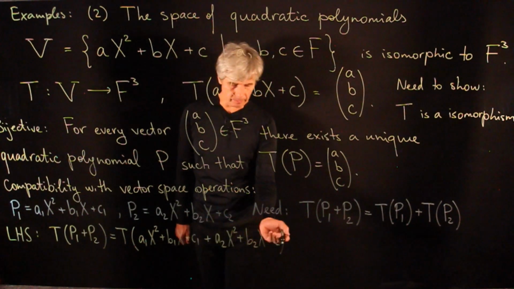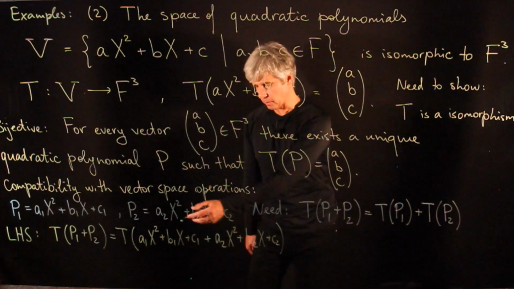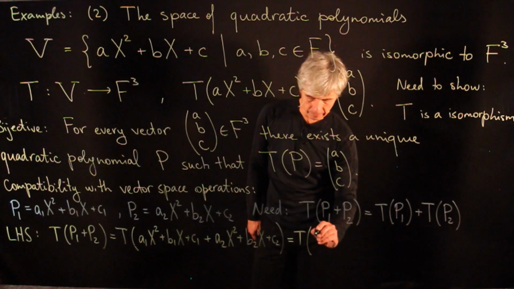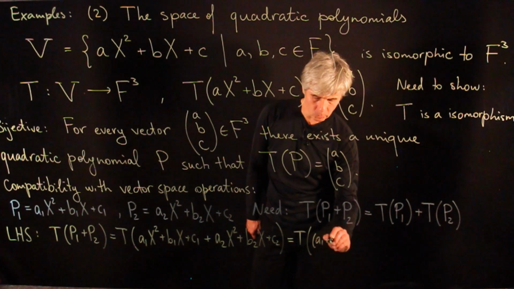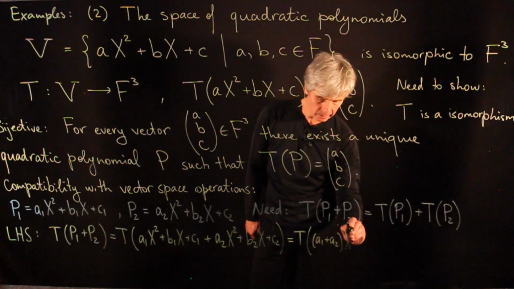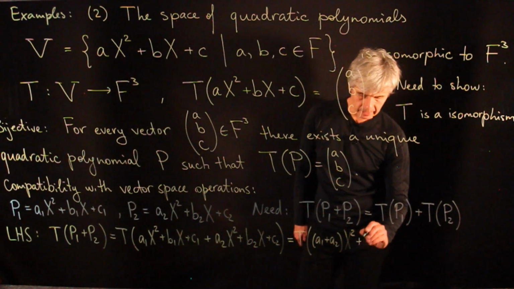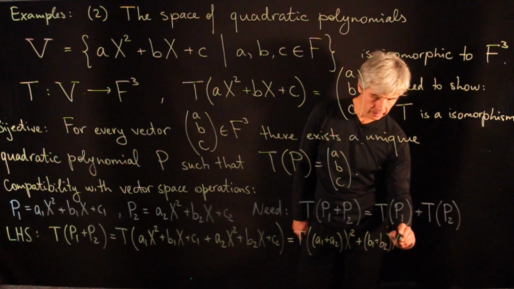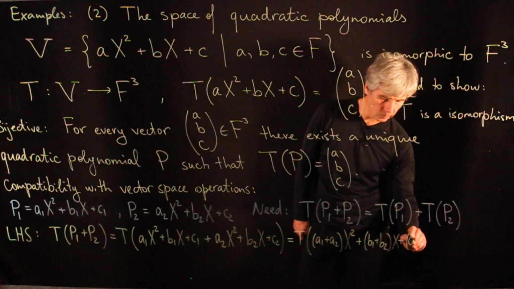Now, let's add these two polynomials. So let's simplify this polynomial expression. That's T of (a1 plus a2) x squared plus (b1 plus b2) x plus (c1 plus c2).